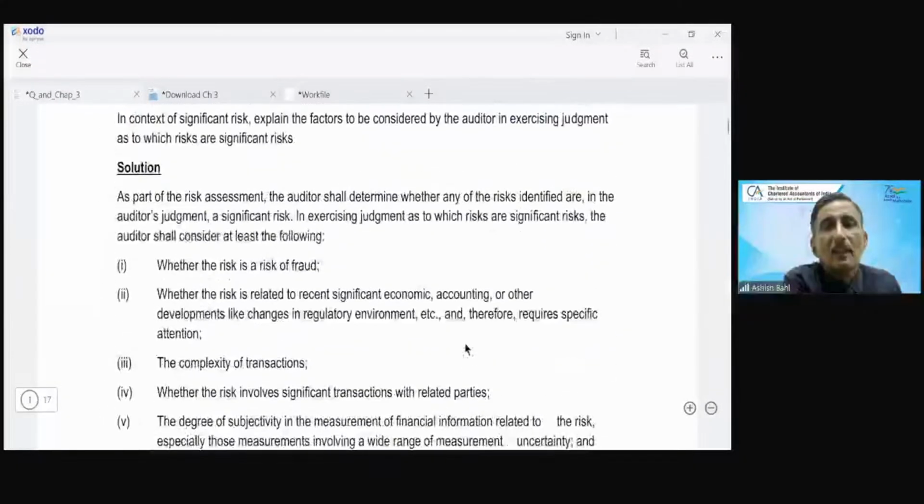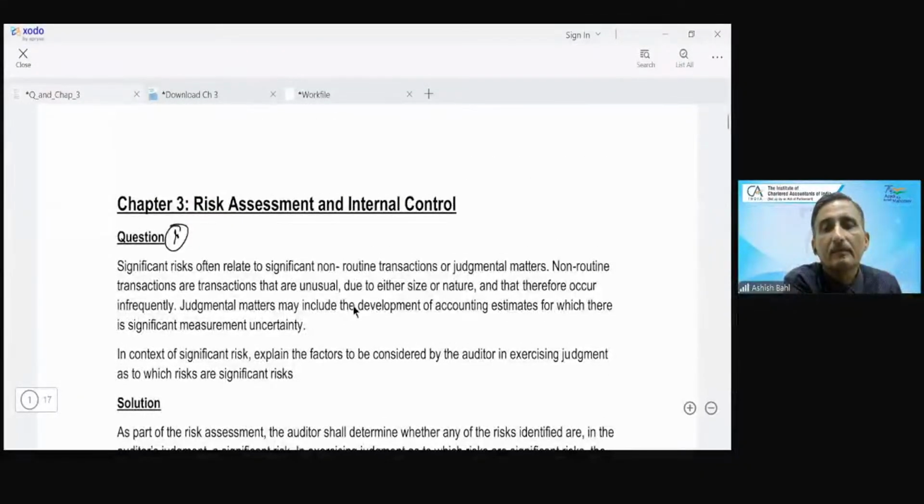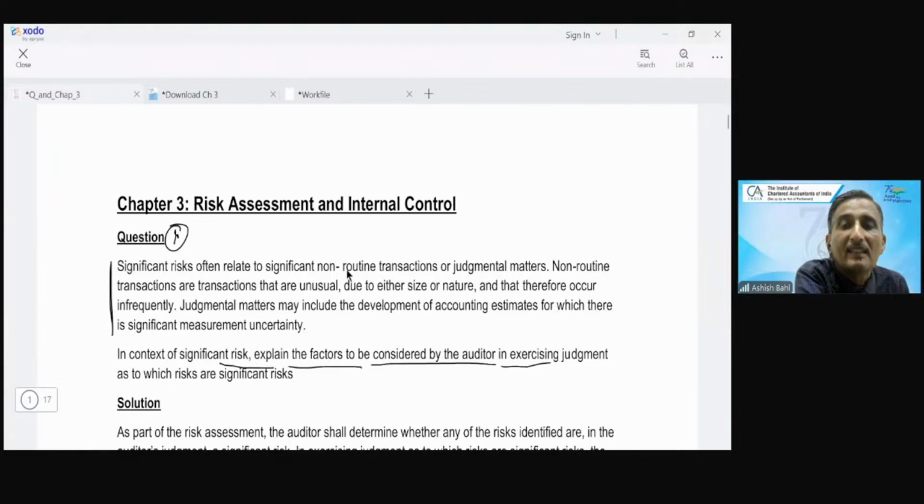So students, you have also gone through the concept of significant risks, which is there in your module. The first question relates to this. In the context of significant risks, first the meaning of significant risk is explained. Then it asks, in the context of significant risk, explain the factors to be considered by the auditor as to which risks are significant risks.